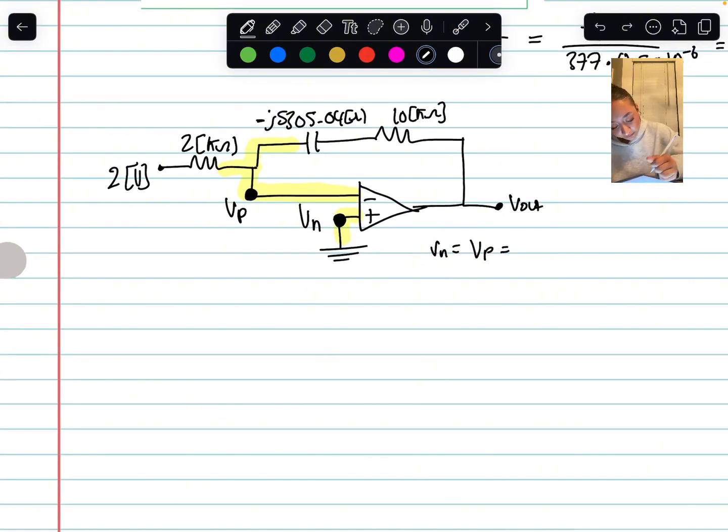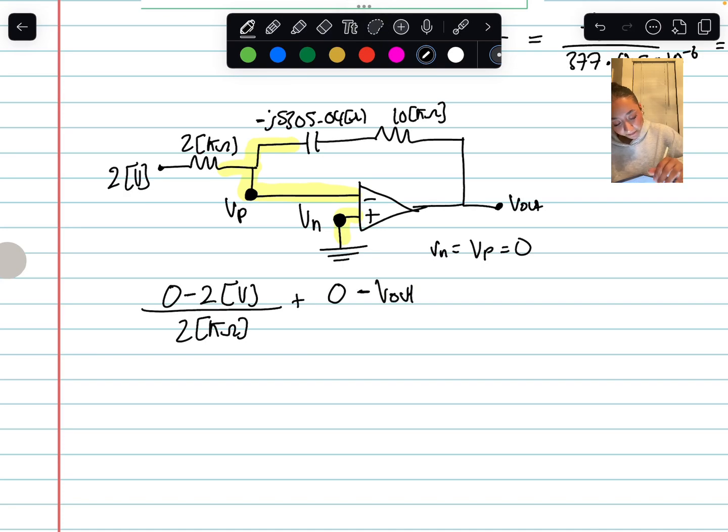So let's write it out. We already know that Vp is going to be 0, so I'm going to just write out 0. It's going to be 0 minus 2 volts divided by 2 kilo ohms, plus Vp, which is 0, minus V out, all divided by the capacitor impedance plus 10,000.